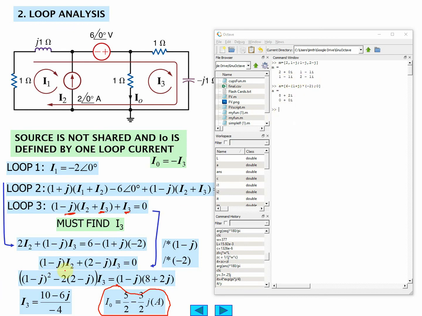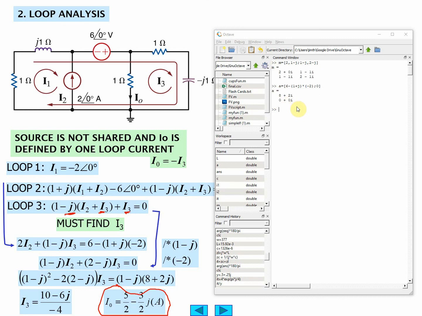Second equation, 1 minus j, 2 minus j. j equals i, by the way. 2 and 1 minus j here, complex numbers. And then what's on the other side? Well, the second element would be 0. The first element, when this is reduced, becomes 8 plus 2j.